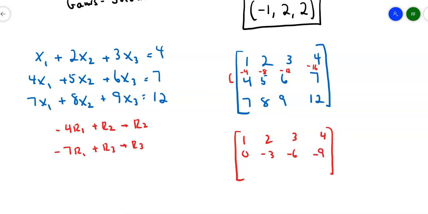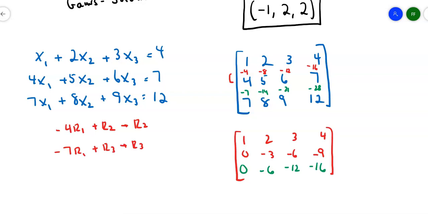All right, switch colors here for a second. If I multiply row 1 by negative 7, that gives me negative 7, negative 14, negative 21, negative 28. So the entries that go down here are 0, negative 6. If I do that, I'll get negative 12 and negative 16.